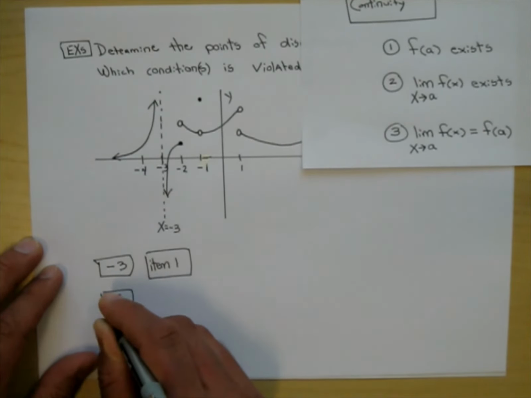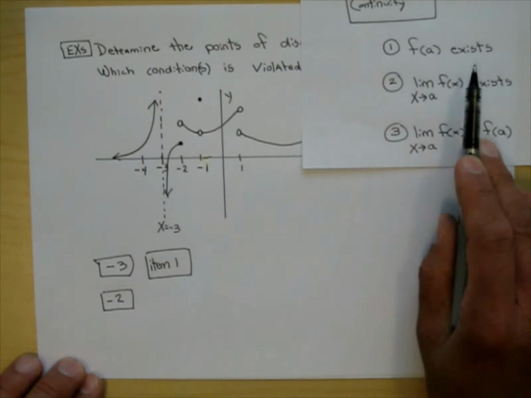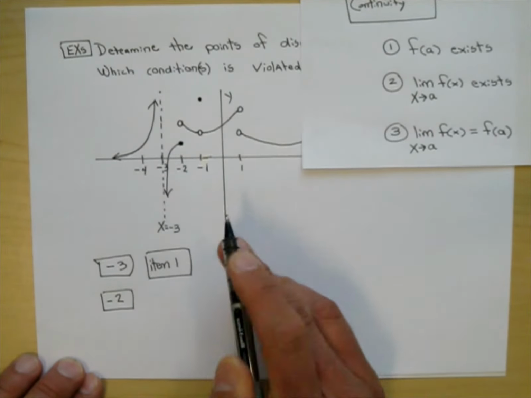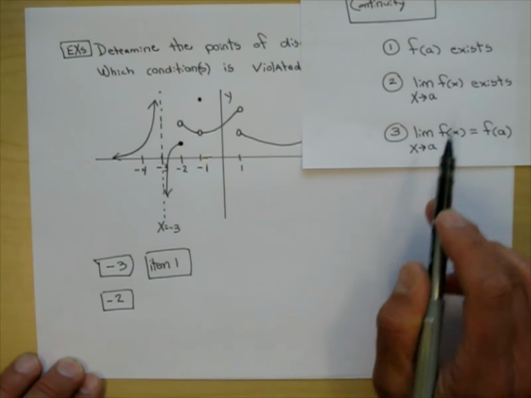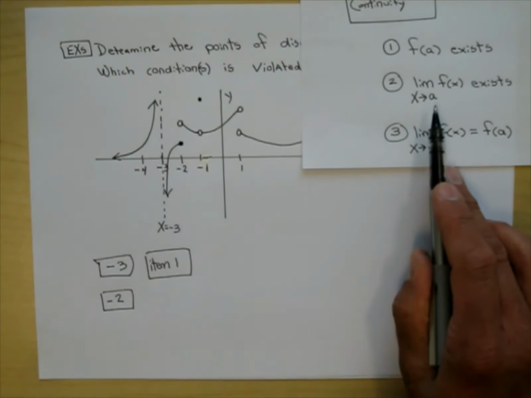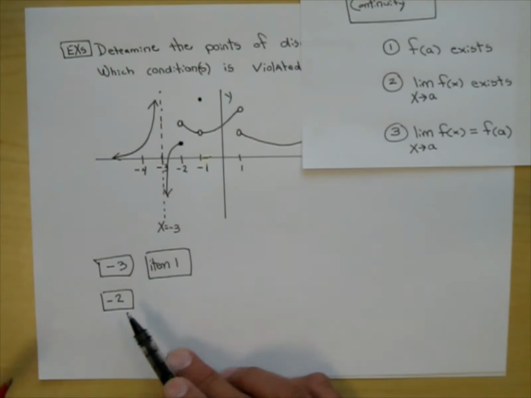So does f of -2 exist? Oh yeah, it does. f of negative 2 is the y value of that point right there. So item 1 is good. Item 2: does the limit of f as x approaches negative 2 exist? Well, let's see.